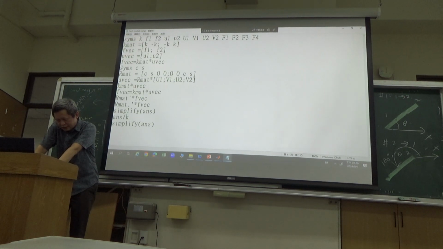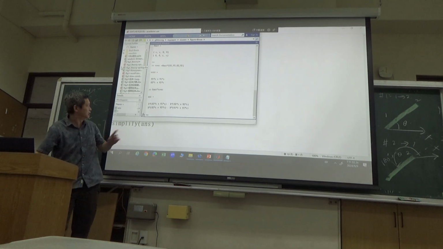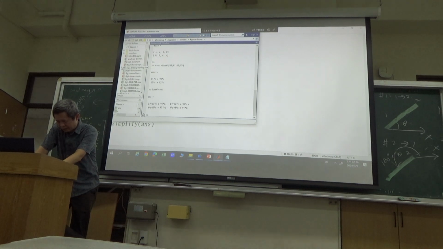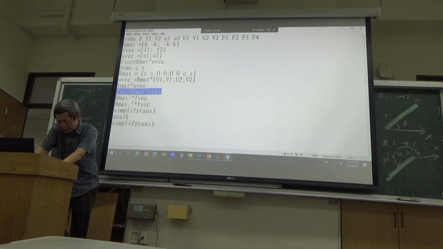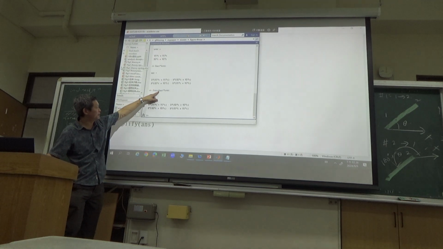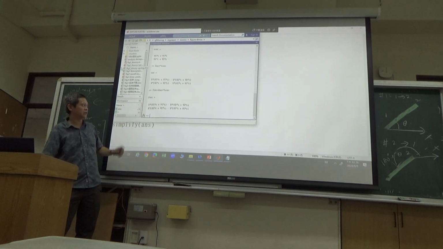And then next, you multiply the two. So you already have these expressions. If you have the stiffness matrix and the local displacements, then you end up having the force vector.